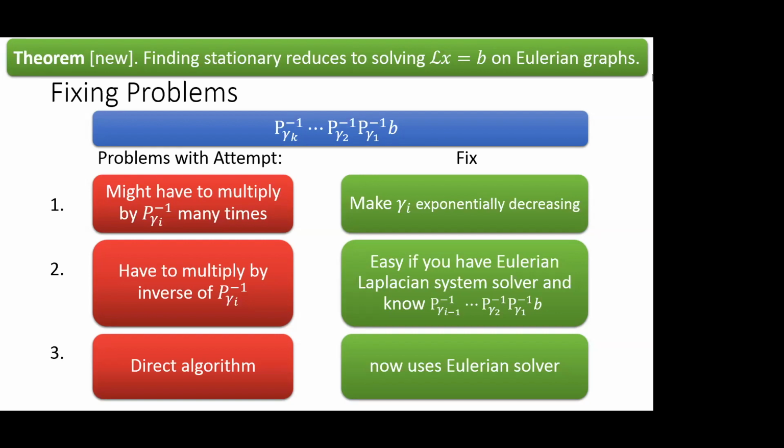And before you do this act of making the diagonal entries bigger in order to make them dominate their row and column, you can do a diagonal rescaling on the right hand side of the matrix by a diagonal matrix where the diagonal entries come from this suffix product of p gamma I minus 1 to the -1 all the way down to p gamma 1 to the -1 times b.